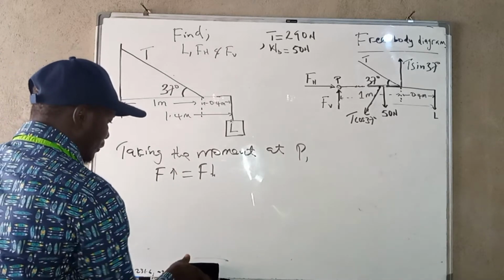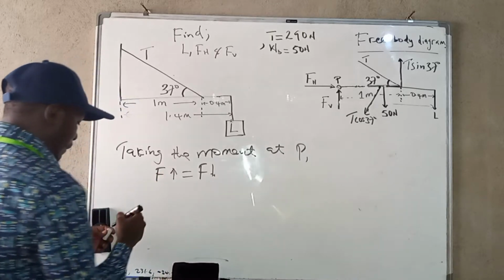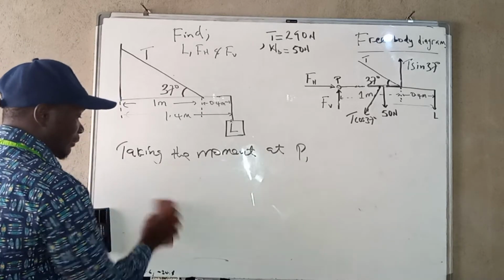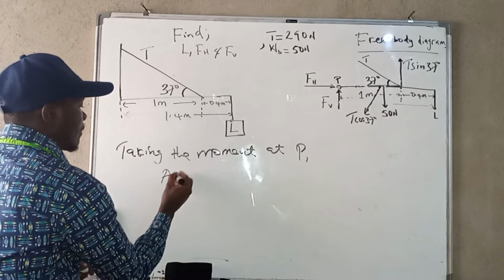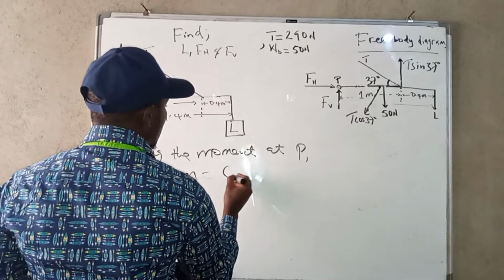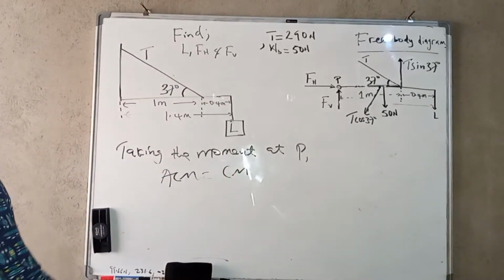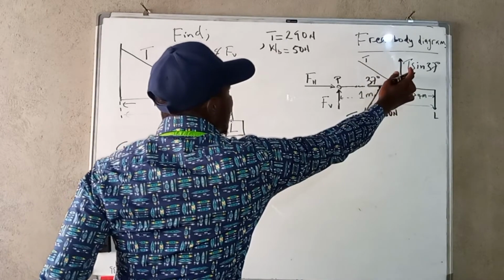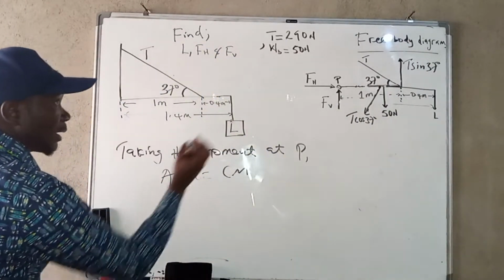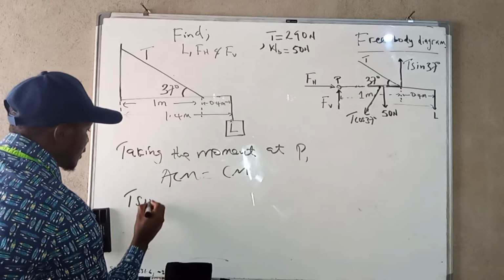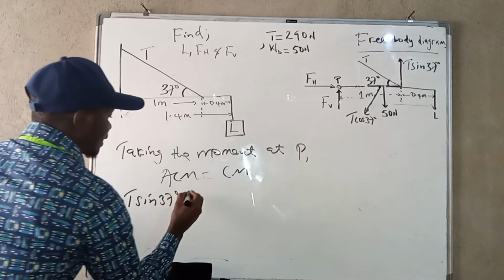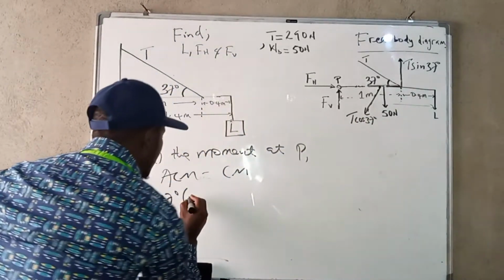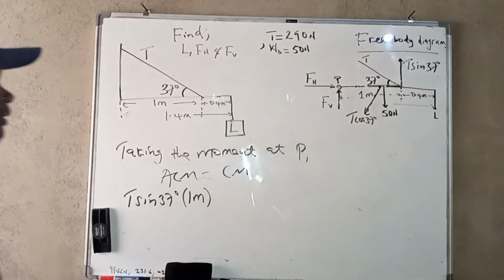So we have the sum of clockwise moments must be equal to the sum of anticlockwise moments. So the moment that is going to be produced by the upward forces, we just have one, T sine 37 degrees times the distance from this to this, which is 1, because we know that moment is force times perpendicular distance.